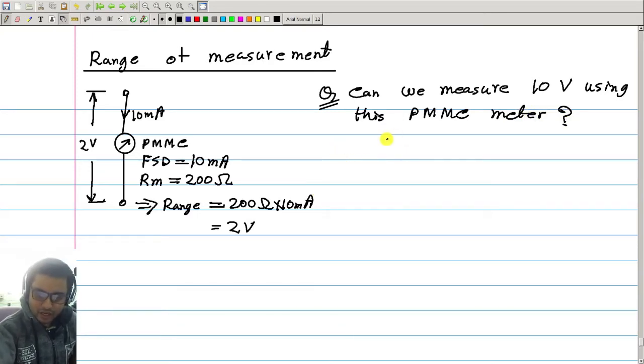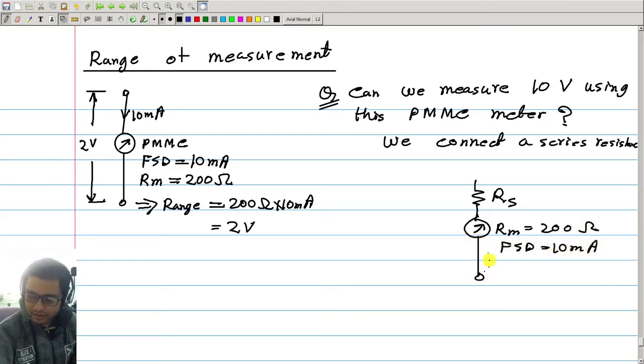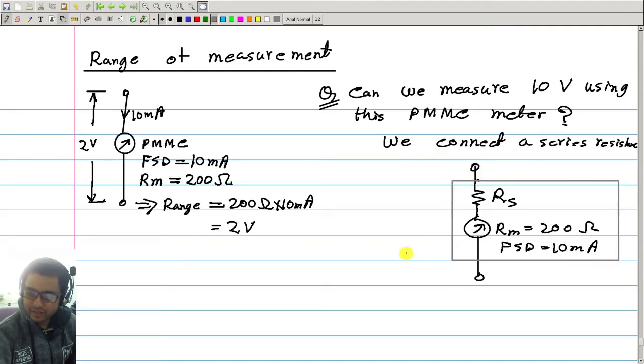So suppose we connect a series resistance, call it RS, and then this is the meter with Rm equal to 200 ohm. Full scale deflection current is 10 milliampere. Now these two together will be my measuring instrument or the meter as a whole.